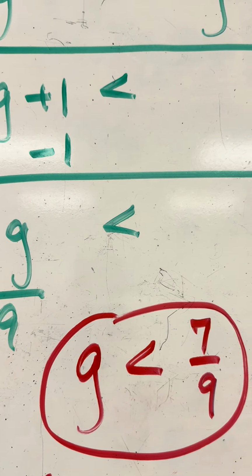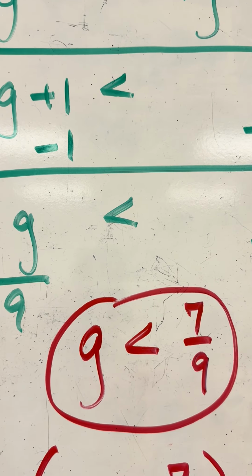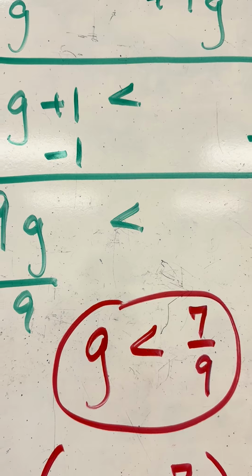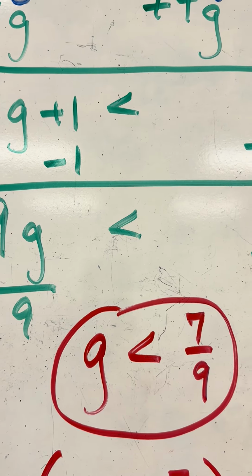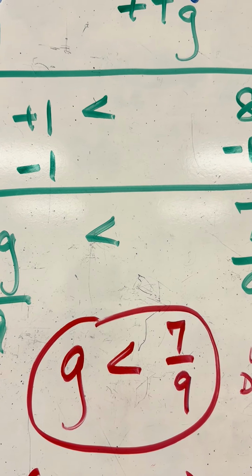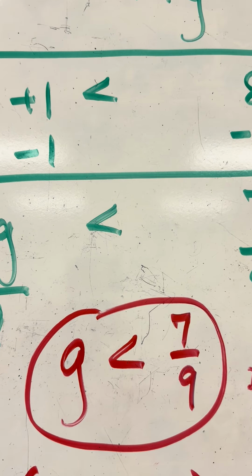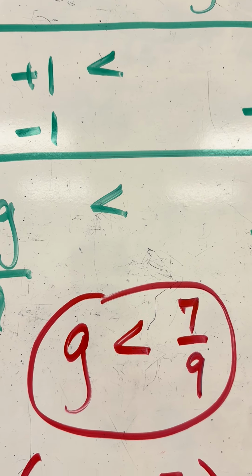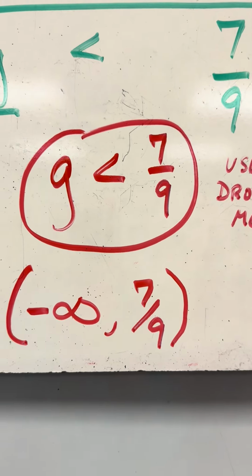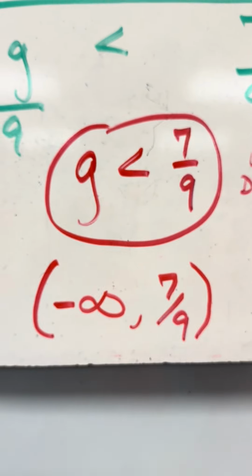I've also got a set of questions that will express using interval notation. If I was to use interval notation here, if g is less than 7/9, that means it goes all the way to negative infinity in that direction, right?